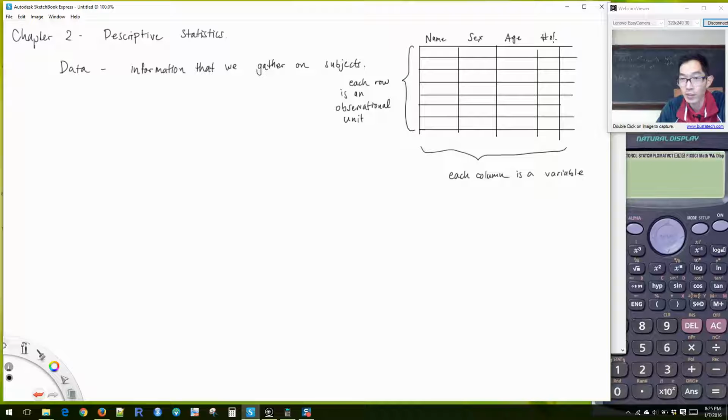Number of siblings, etc. Okay? And then we can have Joe, male, 24, 2 siblings, and Jane, female, 27, no siblings, or something like that, okay? And then you just fill out the table.